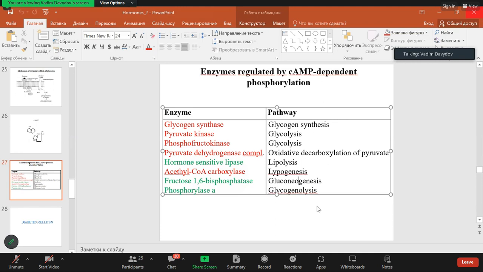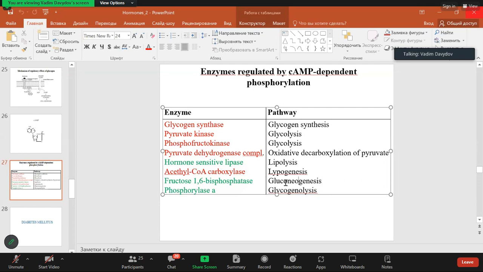Why does glucagon activate gluconeogenesis? From one side, it activates key enzymes of gluconeogenesis, increasing the activity of fructose 1,6-bisphosphatase, pyruvate carboxylase, and other enzymes.